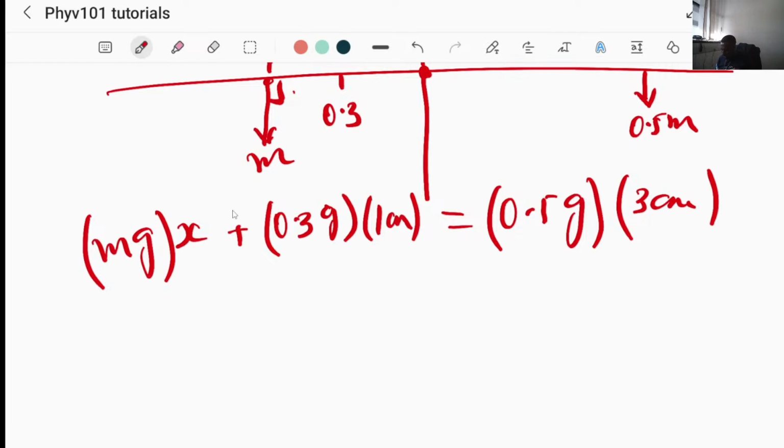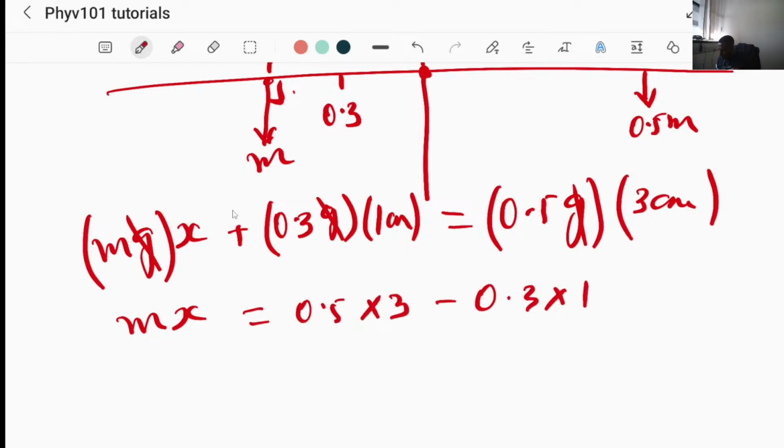I could see here the gravity could disappear from everywhere. Then m times x must be equal to 0.5 times 3 minus 0.3 times 1. What is 0.5 times 3? 1.5 rather. 1.5 minus 0.3.